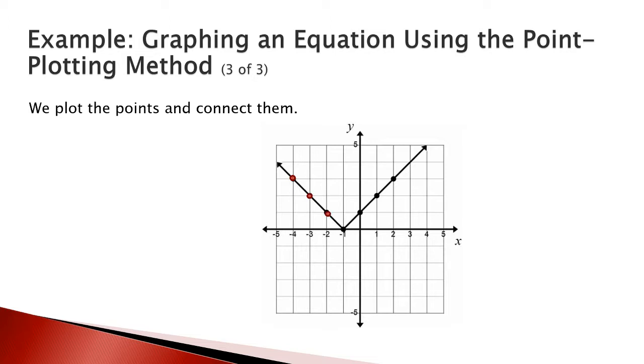Likewise, we can plot all the ordered pairs as I showed in an earlier example, and then to get the resulting graph, we have to connect these points in this manner. So this graph is the graph of y equals modulus x minus 1.